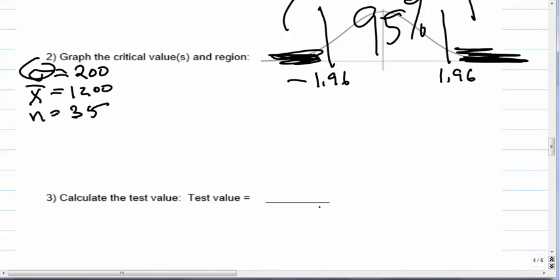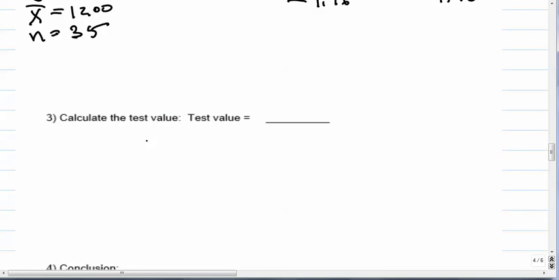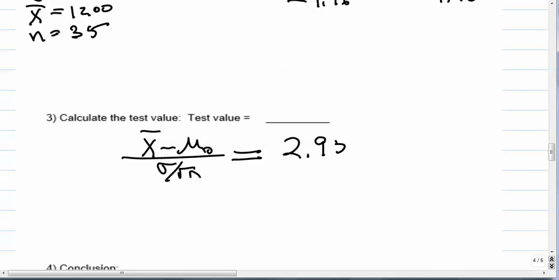The test value in this situation is going to be x bar minus the null hypothesis mean divided by sigma over the square root of n. You can plug this in. X bar, null hypothesis 1,100, sigma 200, n equal to 35, and you come out with 2.958.